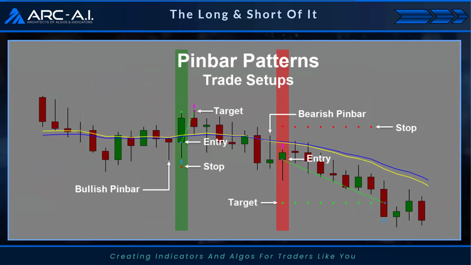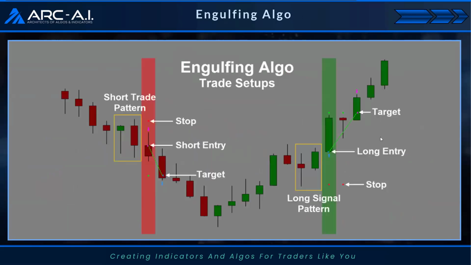Pin bar patterns, it's just really demonstrating a long and a short, which we've already kind of looked at. Let's go to engulfing. On the engulfing, again, this is going to be a momentum-based system. The other one was kind of reversal-based. This is going to be momentum. In this case, you've got this bar, and the body of this bar is completely engulfed by the body of the next bar.